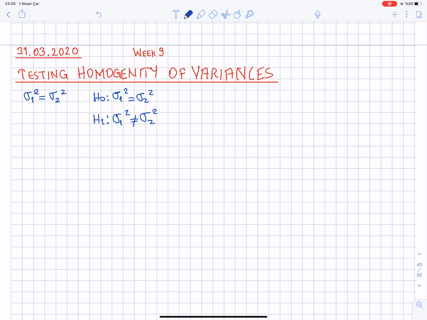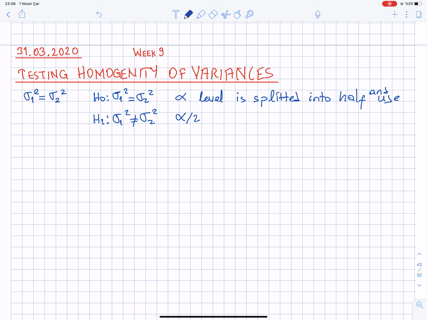If you're testing this hypothesis with an alpha level, you can't use the alpha level itself. The alpha level is split in half, and you use alpha divided by 2 to test this.